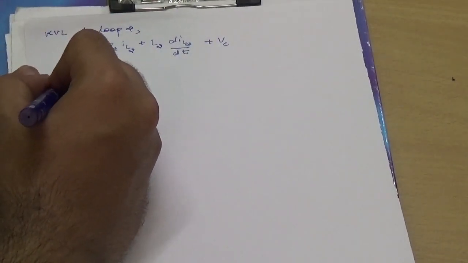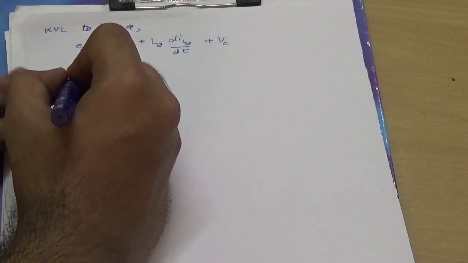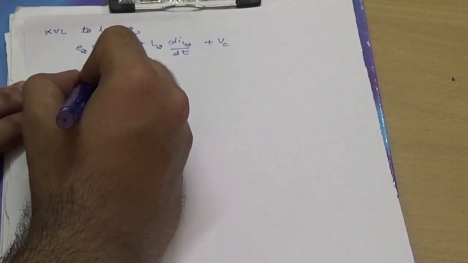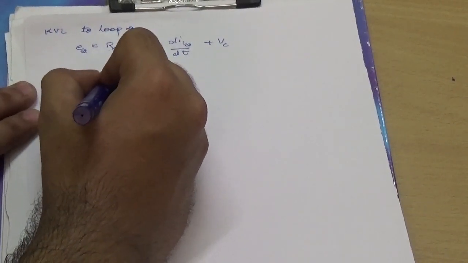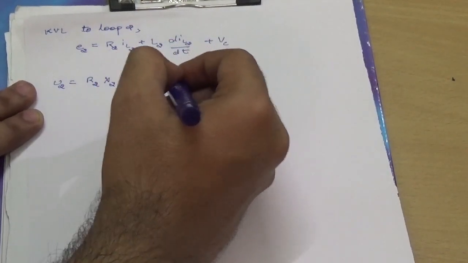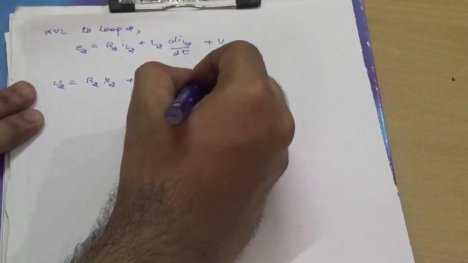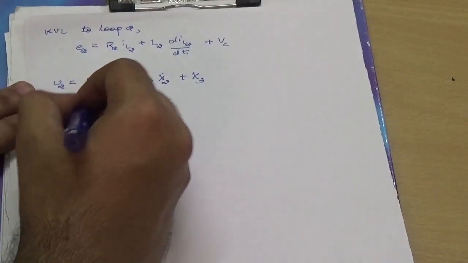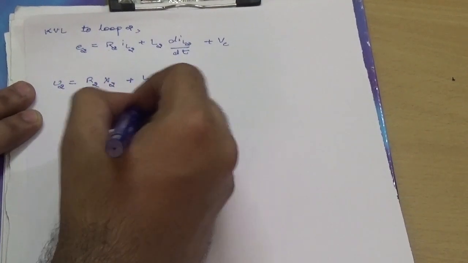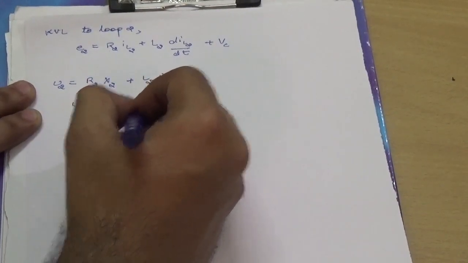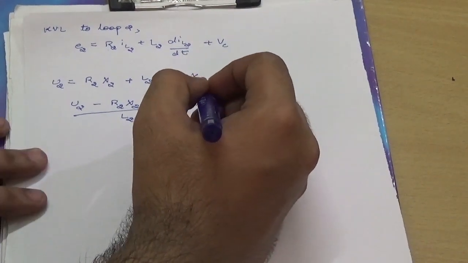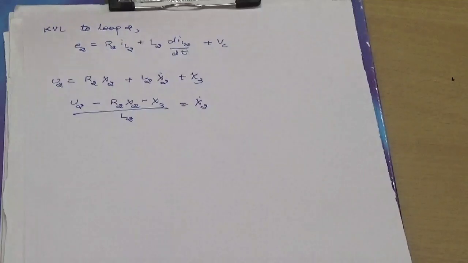E2 is nothing but U2. This should be equal to R2 IL2, where IL2 is x2, plus L2 into dIL2 by dt, which is x2 dot, plus x3. Once I take it to the LHS, it becomes U2 minus R2 x2 minus x3 whole divided by L2, which should be equated to x2 dot. Once I am done with this, I have obtained an expression for x2 dot.